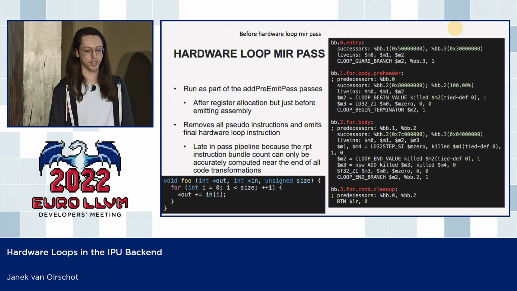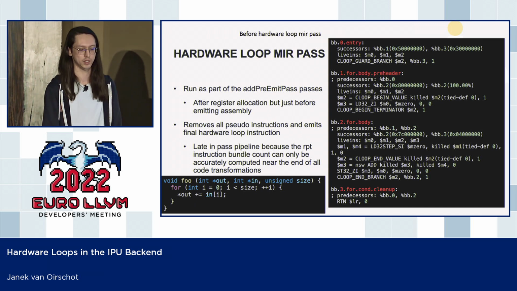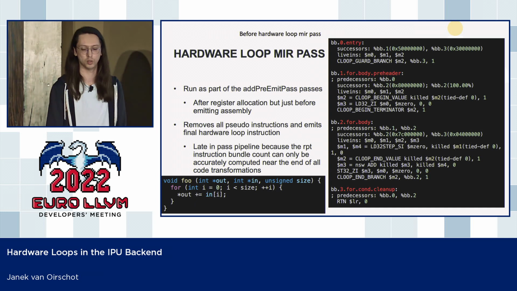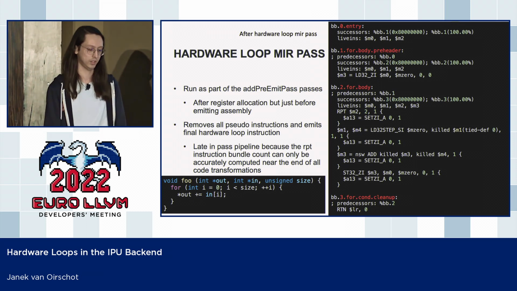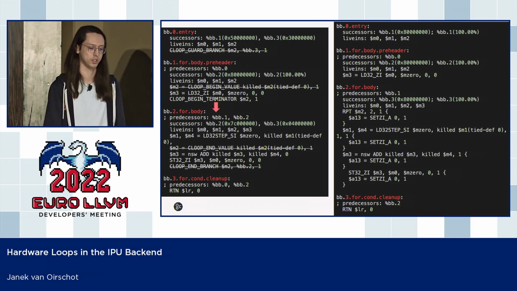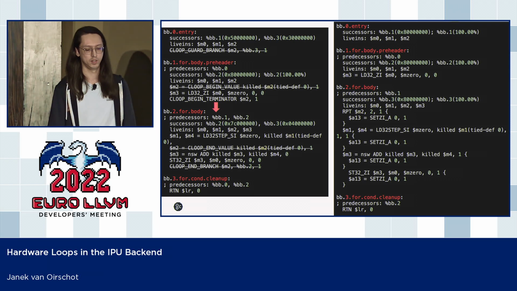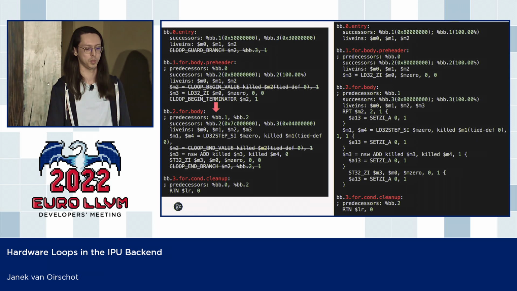So here is an example, the same example I showed before, just at another stage, where we have the MIR with the pseudo instructions, all 5 of them. We have the guard branch, the begin value, the begin terminator, the end value and end branch, and that gets transformed into the repeat equivalent. How it does that is: we remove the C loop guard branch because we get that one semantically for free with the repeat. The C loop begin value just takes the M2 register and puts it in the M2 register, so it can be removed.